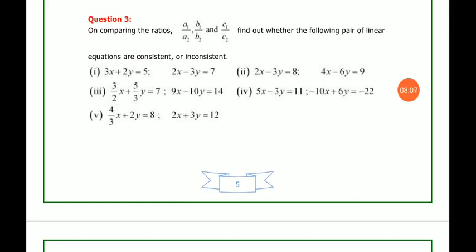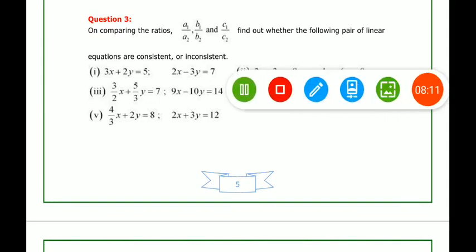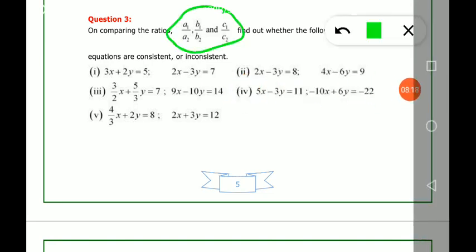It says to find out whether the pair of linear equations is consistent or inconsistent by comparing the ratios. Again, students, we have learned when equations are said to be consistent and when inconsistent.